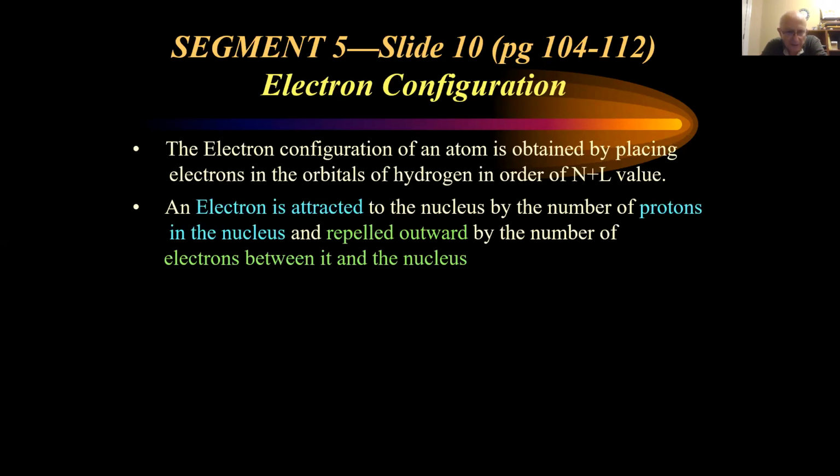It's the second electron that we have trouble with. So what we do is we put the second electron into the orbitals that hydrogen had, and then obey a couple of rules and figure out what we call the electron configuration for that new element. So if we do that, we get a pretty good model.